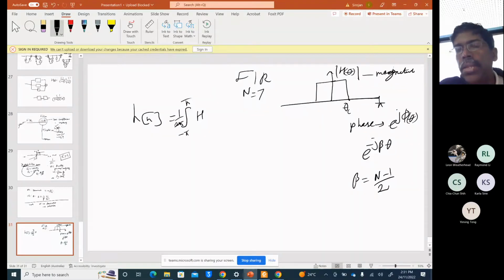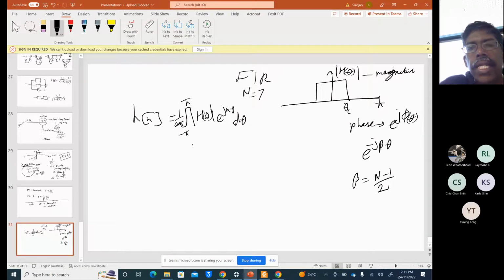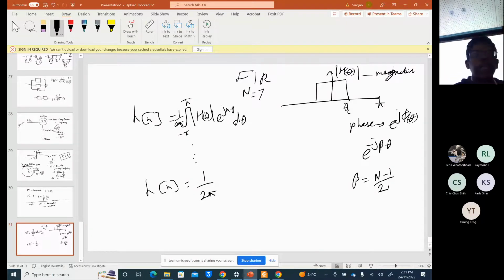So you can actually do it in two methods. One is you keep mod of H(theta) e to the j n theta d theta and integrate it to find it. The other method is to flip it to bring it to 0.